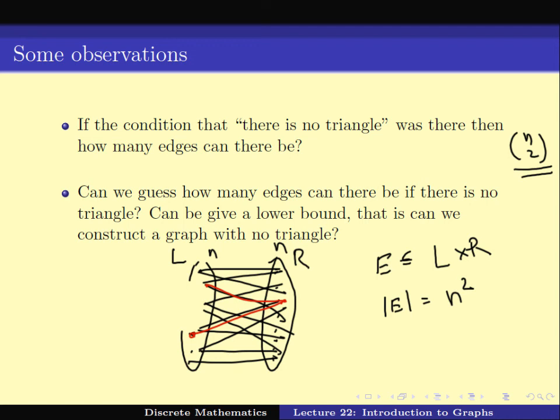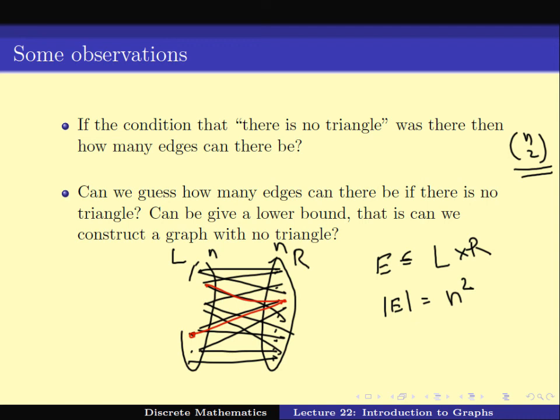So in answer to the question that was asked, how many edges can there be in a graph on 2n vertices without any triangle, we have got a lower bound which is n square. There can be n square. Now it so turns out that n square is in fact the right answer, but can we prove that?